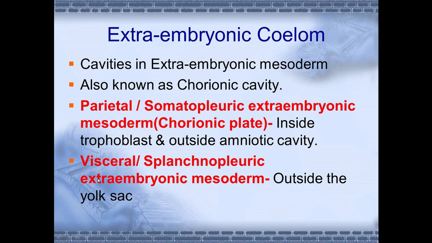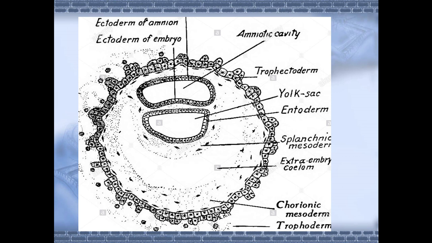Let's see what you mean by this. So we talked about the extraembryonic mesoderm. Then there is a formation of the extraembryonic coelom. Now this extraembryonic coelom, which is formed, divides the extraembryonic mesoderm into two layers, a parietal layer and a visceral layer.